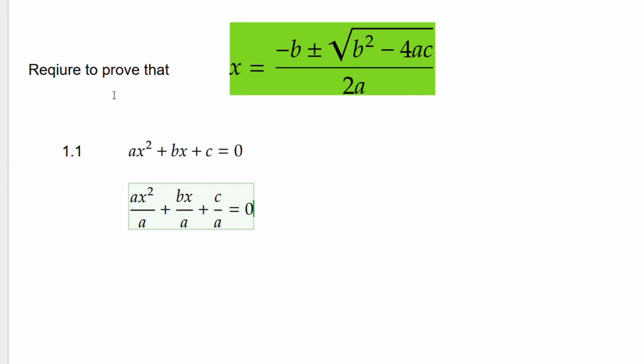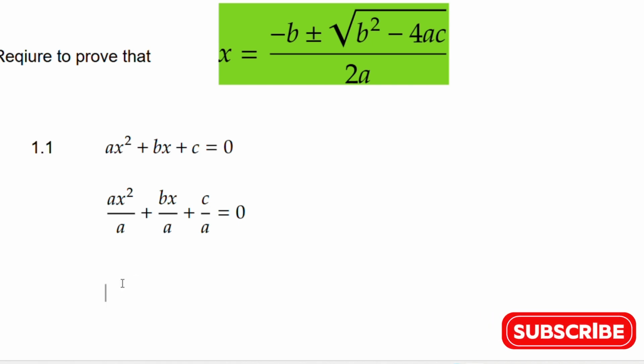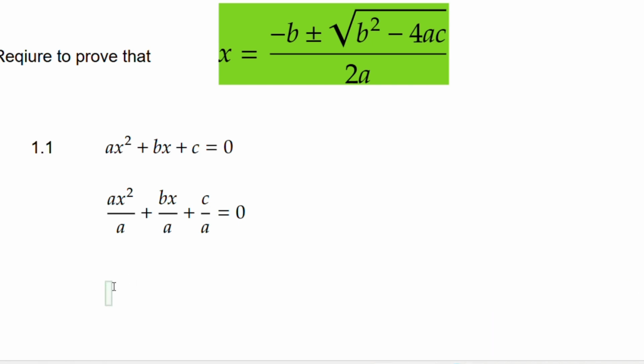We know that 0 divided by a is going to be 0. That's why I wrote 0 there. So simplifying this, it's going to be x to the power 2 plus b over a x plus c over a is equal to 0.